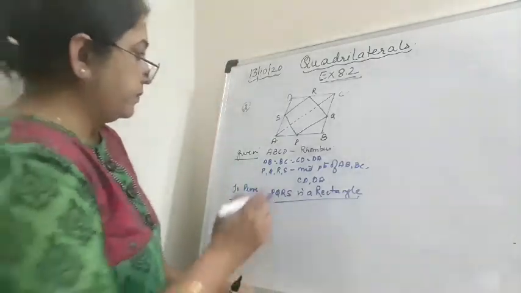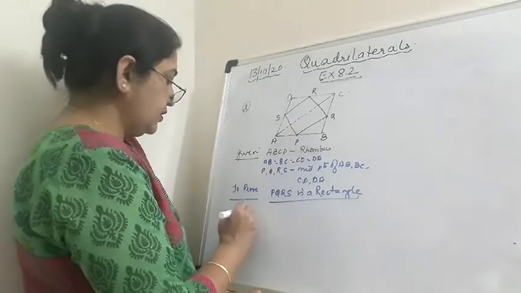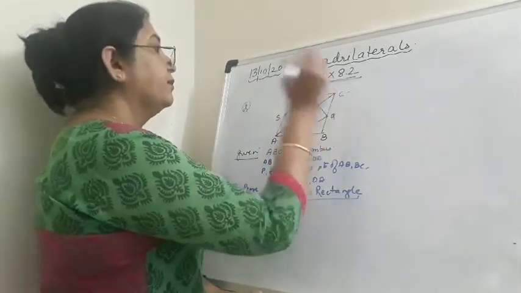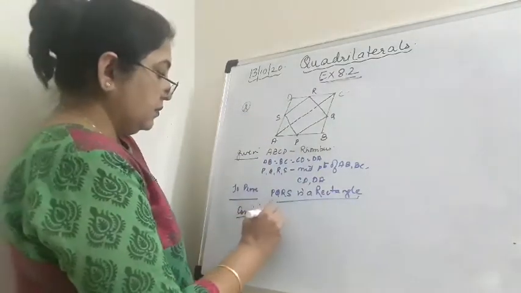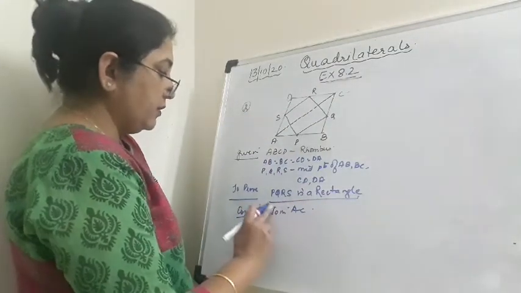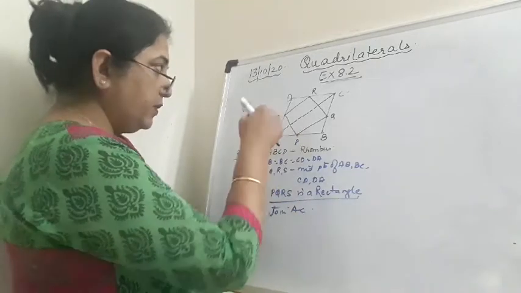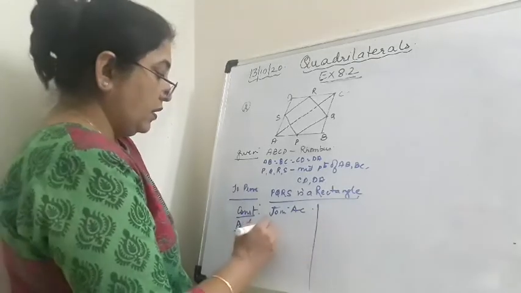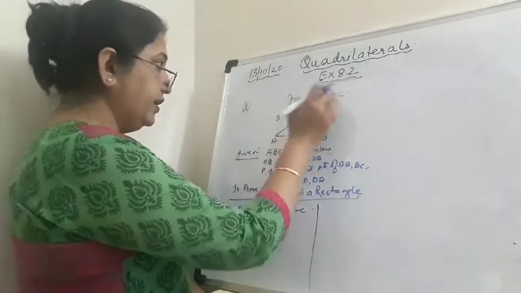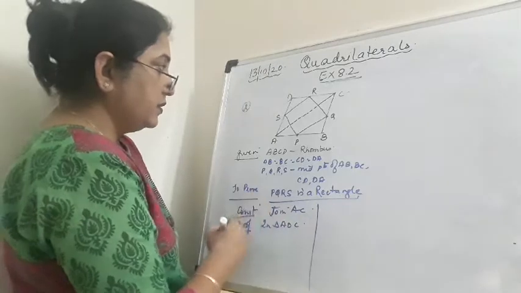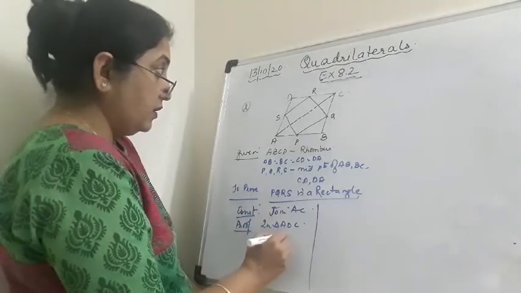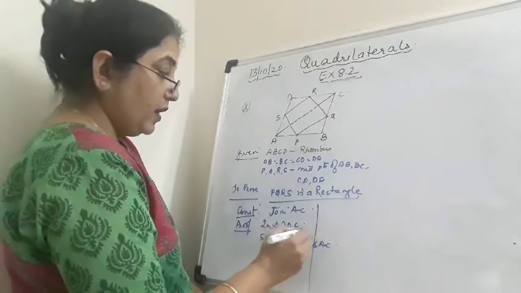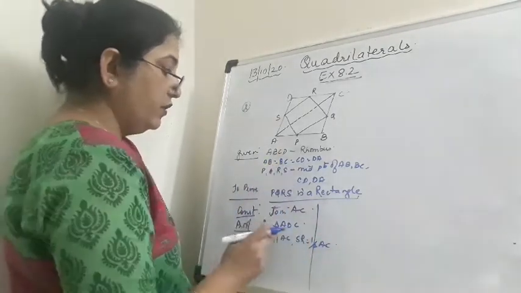Before that, we have to join. The construction: AC is not joined, so we will join it as a dotted line. Now, like what we did in the previous question, we'll do the same here. In triangle ADC, SR is parallel to AC and SR is equal to half of AC, because S and R are the midpoints.